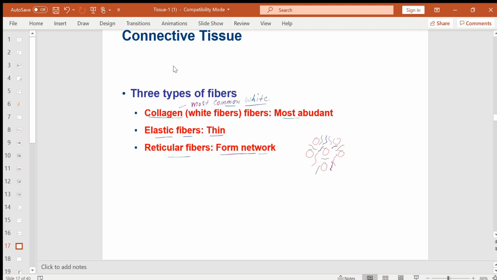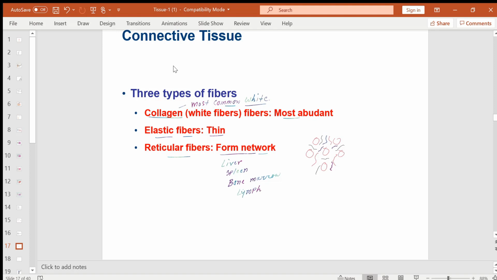For example, inside the liver, spleen, bone marrow, and other lymph organs.